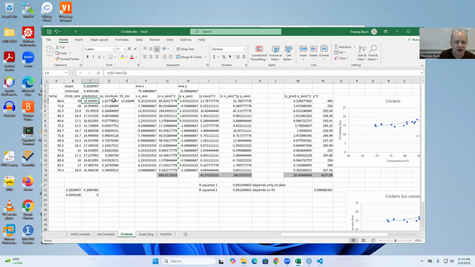I calculate the residual, the difference between the prediction and the value, and add them all up. So one approach to R-squared involves that: the prediction and residuals and summing them up. And here's a formula that involves that.